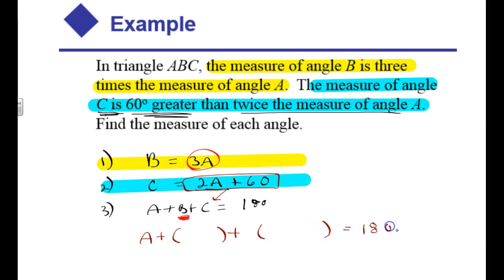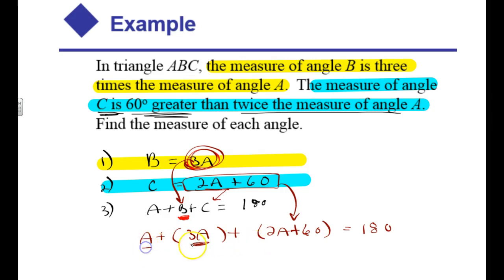So I'm going to substitute this 3A goes right in here, that's the B term. And then C goes here, so 2A plus 60. And sure enough, I have everything in terms of A.